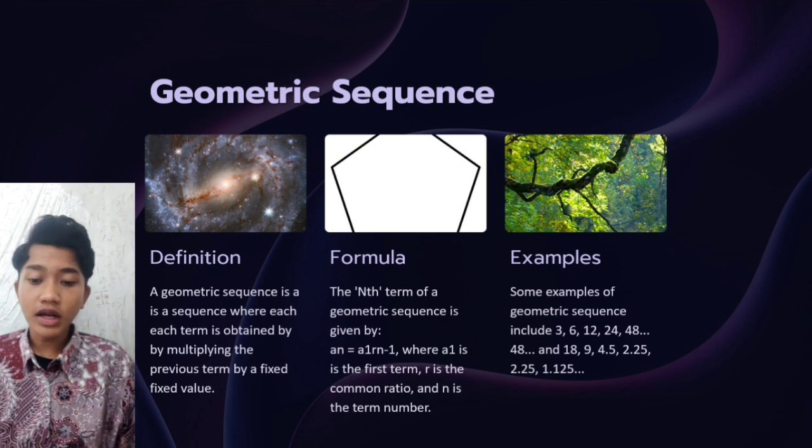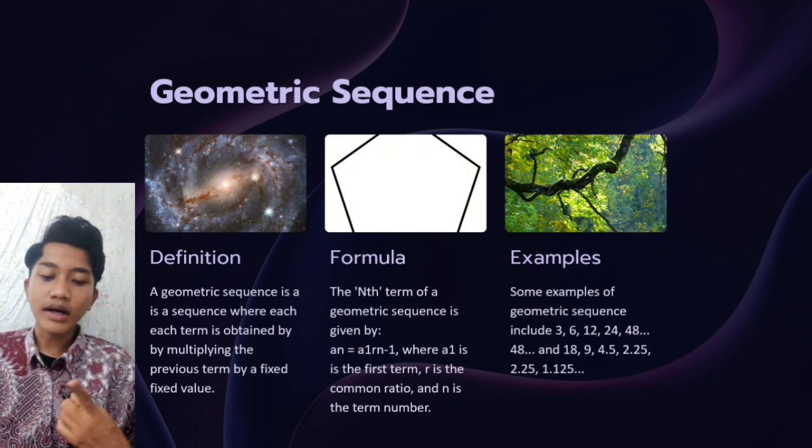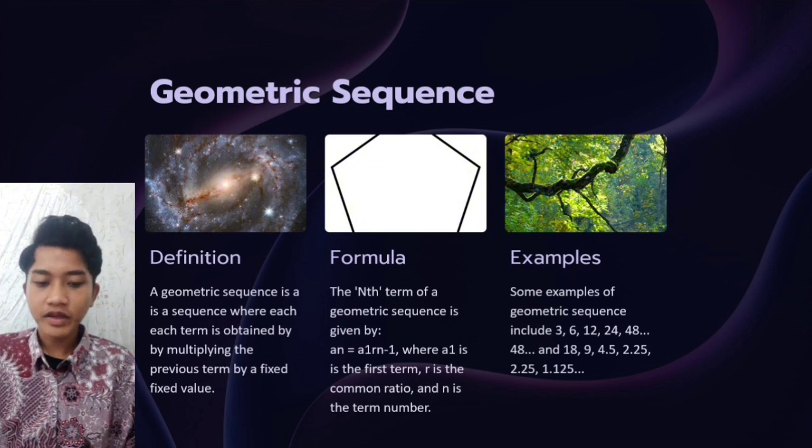Number 2, formula. The nth term of a geometric sequence is given by a_n = a_1 r^(n-1), where a_1 is the first term, r is the common ratio, and n is the term number.